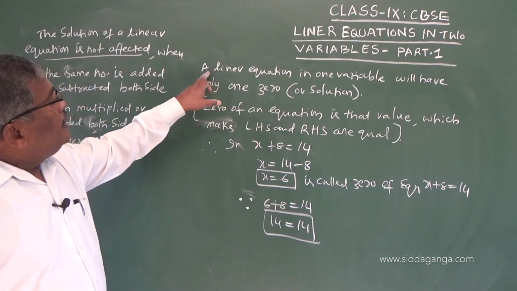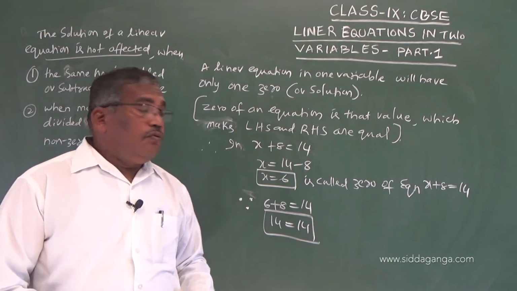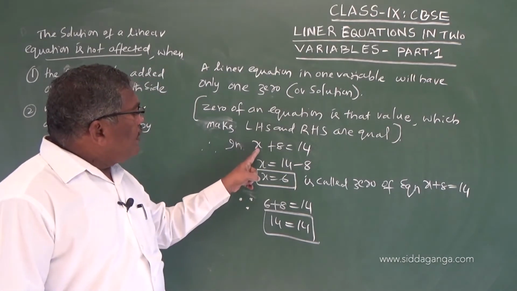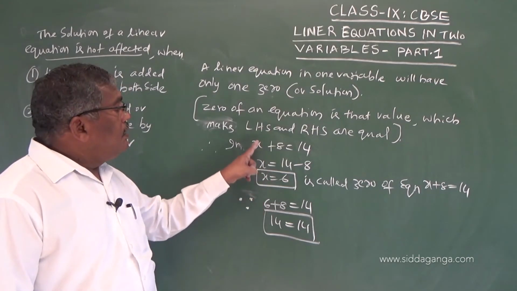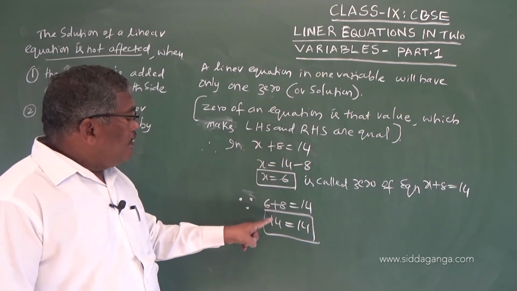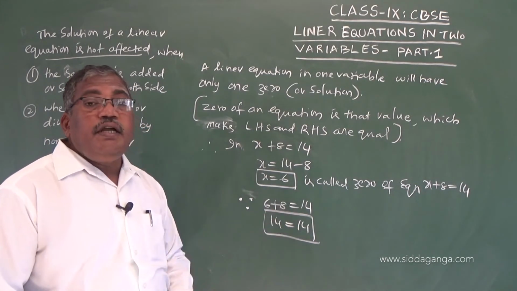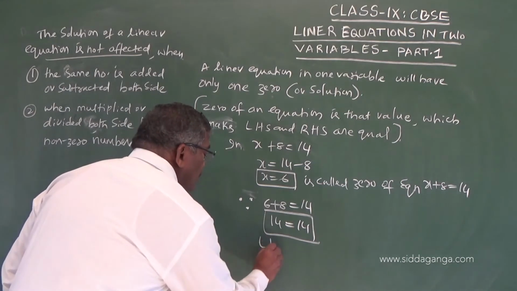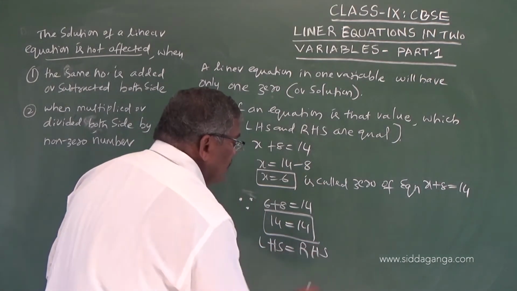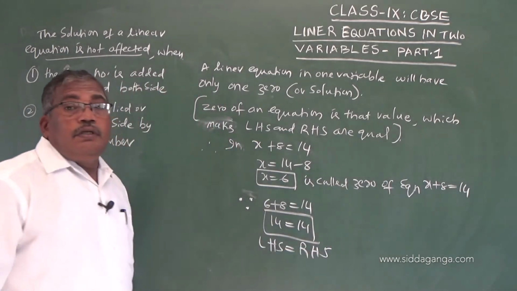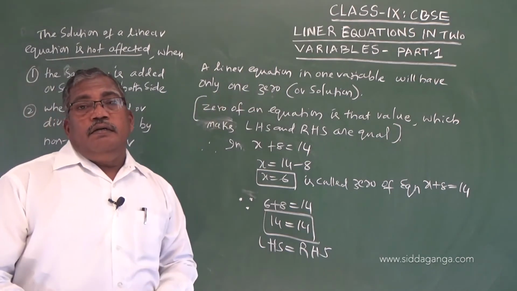Now, a linear equation in one variable will have only one zero. You observe here, if you put any other value other than x equals 6, this equation will not be satisfied. Both sides LHS and RHS cannot be equal. So that is the LHS side, left hand side, this is the RHS side, right hand side. So therefore we say it has only one zero.